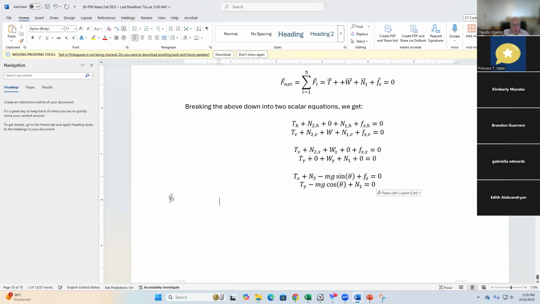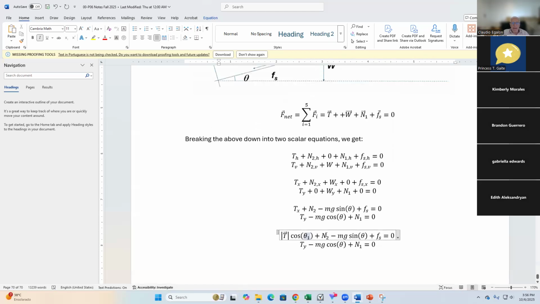We can here write the tension, the X component of the tension in terms of its cosine and sine, right? That's theta, but that's going to be theta 1, right? Theta 1.